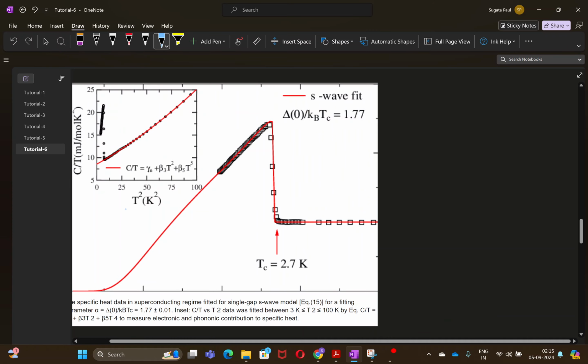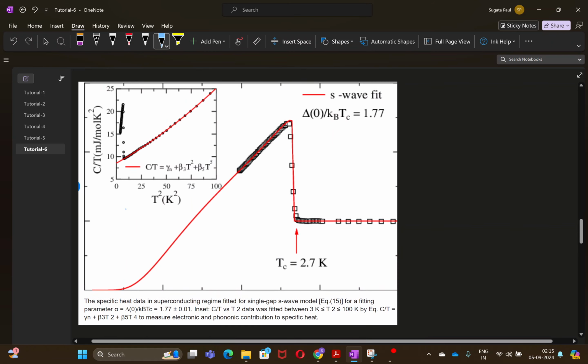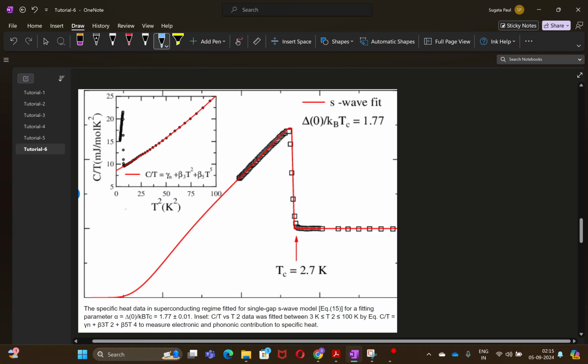So this is an experimental graph over here, where you can see this main graph is, I think, C versus T, and the inset is the C by T versus T square graph.